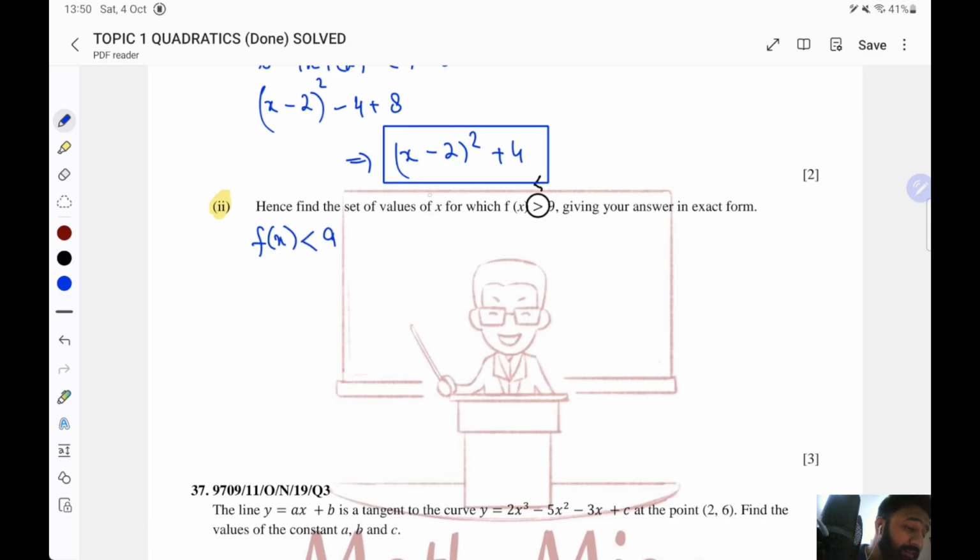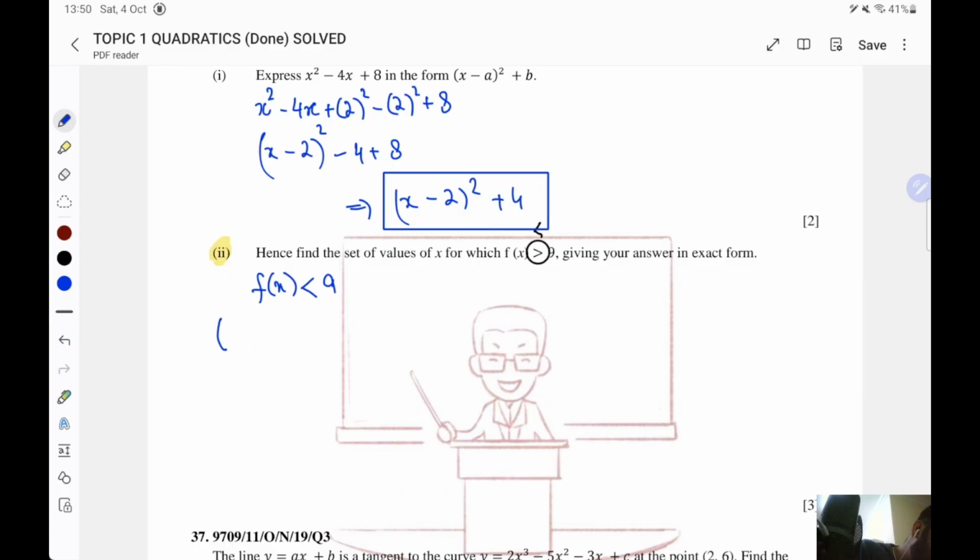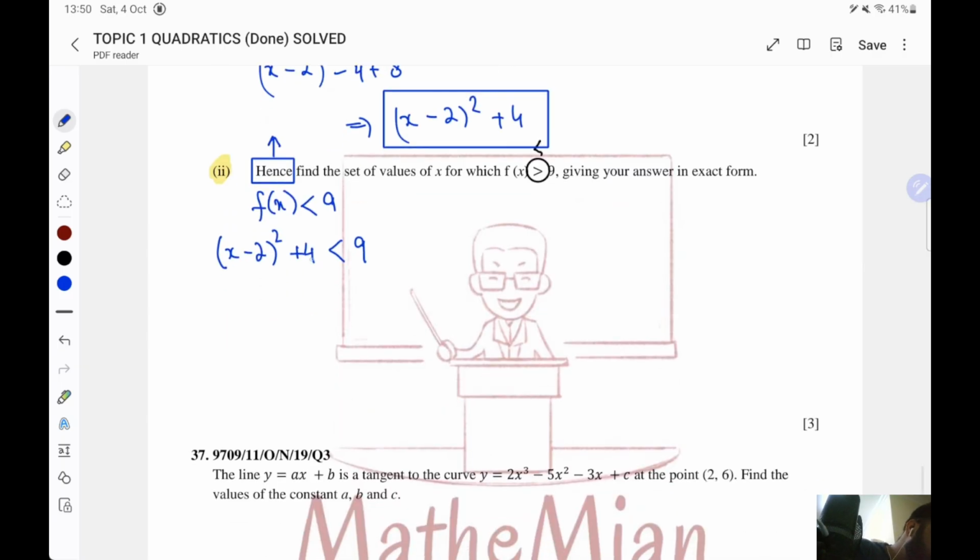We already have found f of x in completed square form. This word hence tells you that you need to use your answer from the previous working. So that is x minus 2 whole square plus 4 less than 9. So it will become x minus 2 whole square minus 5 less than 0.